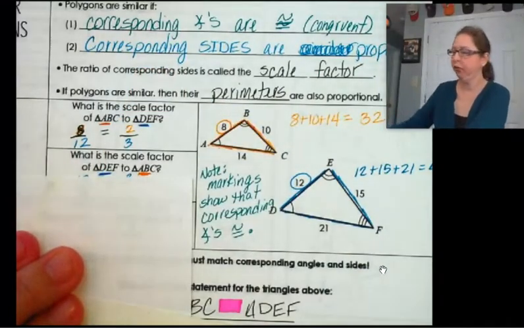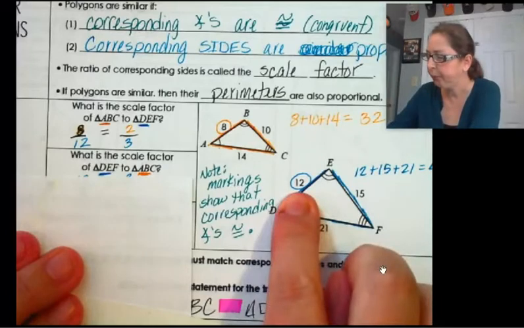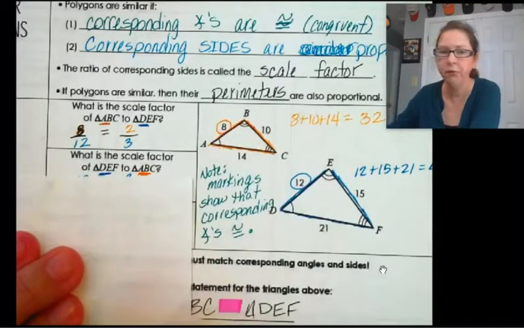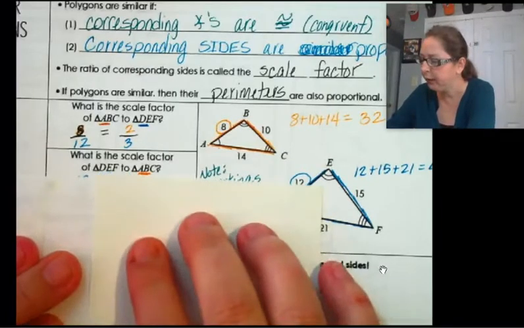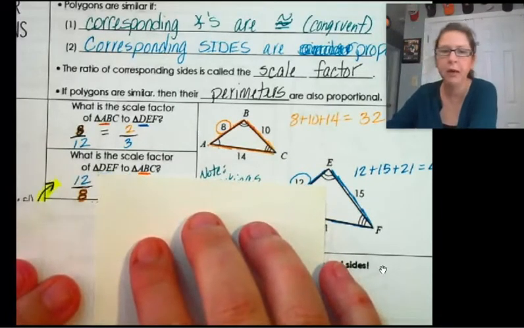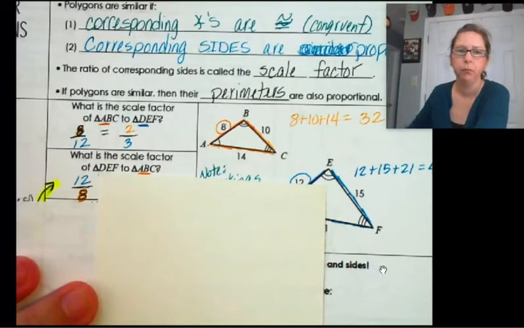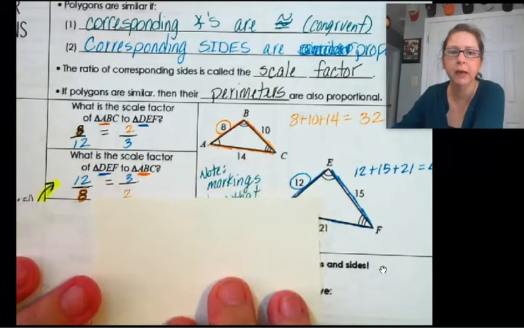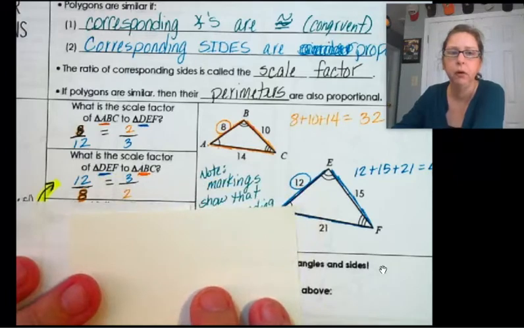So in this situation, blue to orange is going to be the same as 12 to 8, which is written like this, 12 over 8. Okay, and then if you reduce that, you're going to get 3 to 2.